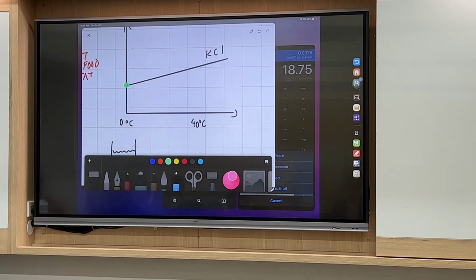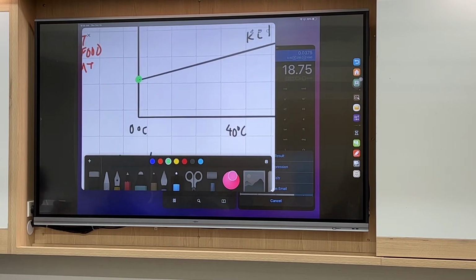How much salt can you read off the y value? How much salt can dissolve in 0 degree of a potassium chloride solution? What is this value? Roughly will do. I would say it's like 28 or 29.